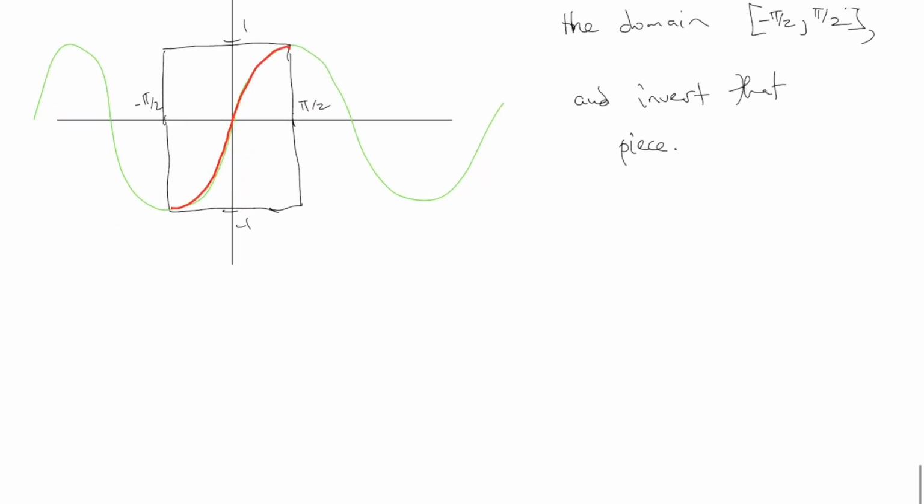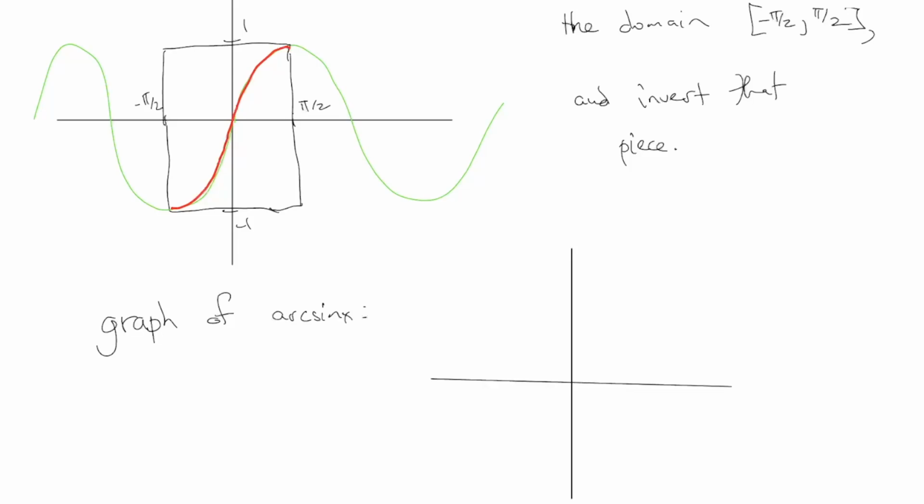And so the graph of the inverse sine, or the arc sine, looks like this. I take only that piece and do this sort of mirror image reflection across the diagonal line.